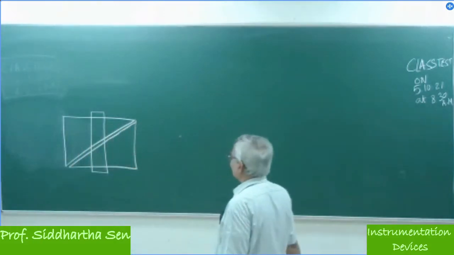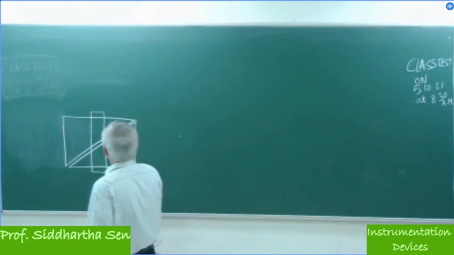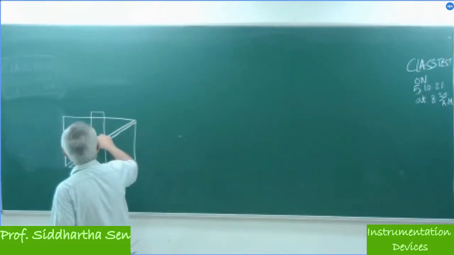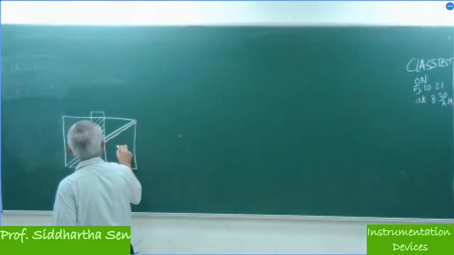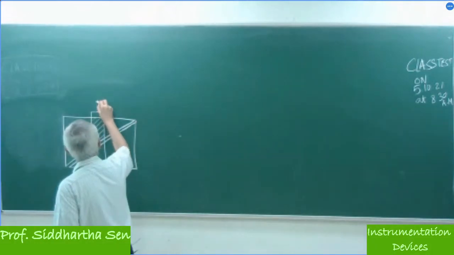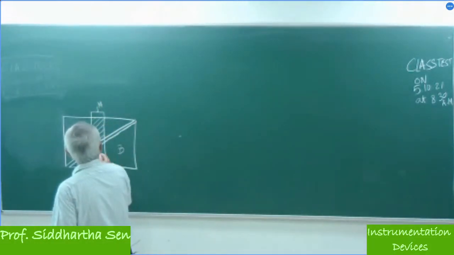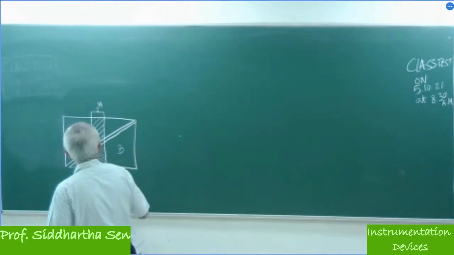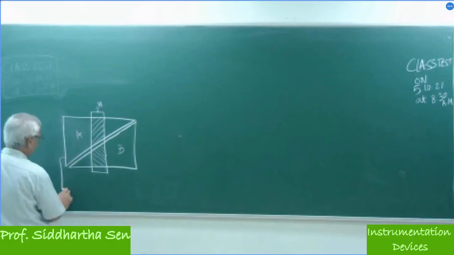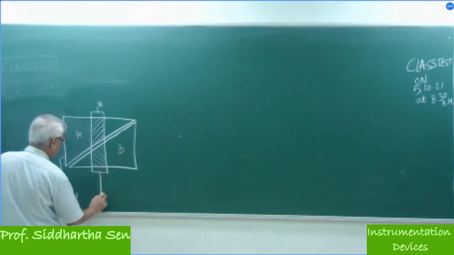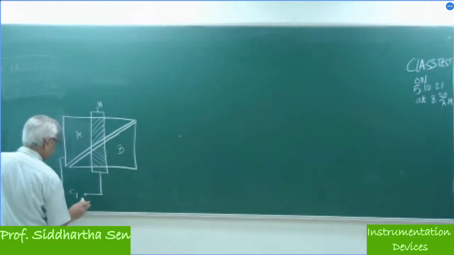The dimensions are given, so there would be some area of overlap between the fixed plate A and the moving plate M, and also some area of overlap between the fixed plate B and the moving plate N. So I can calculate the value of C1 and the value of C2.